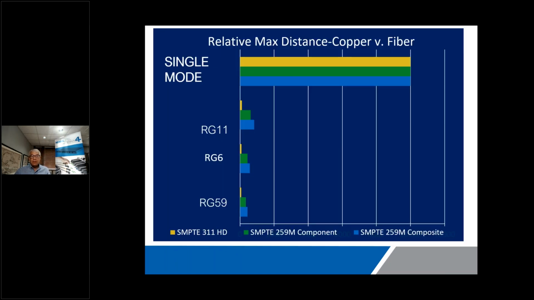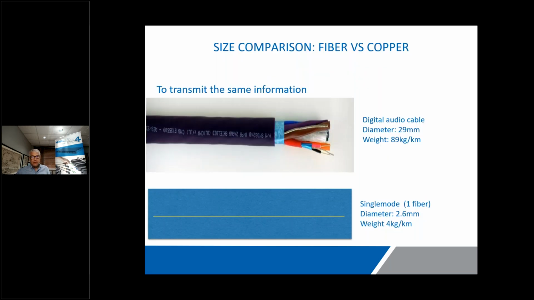Looking at a graphic display of the comparison in the distance capabilities at a couple of different SMPTE standards on the bottom, you can see even your high performance RG11, almost a half-inch coax, doesn't even make it to the first line compared to a single mode fiber, which goes off the chart at any one of these data rates.